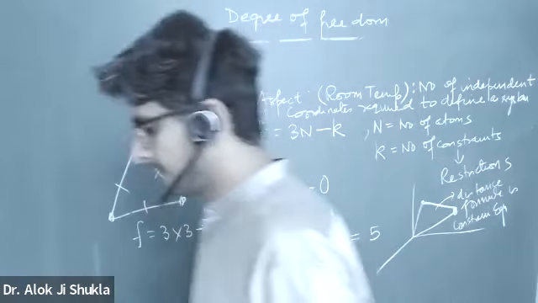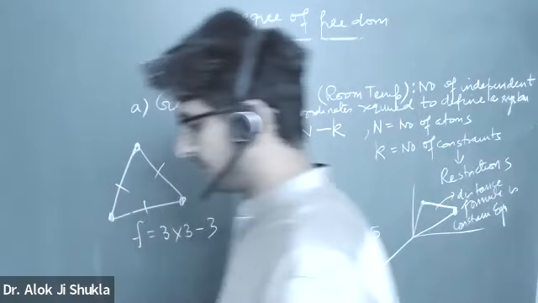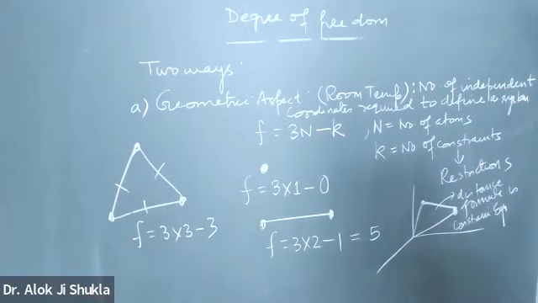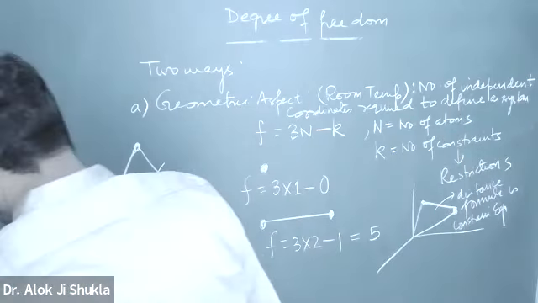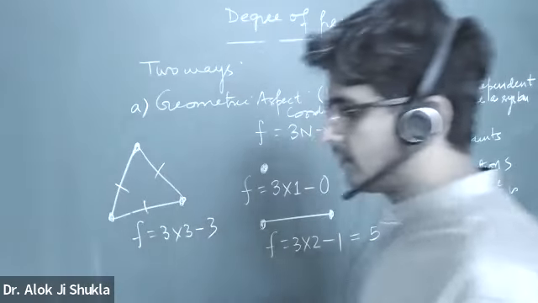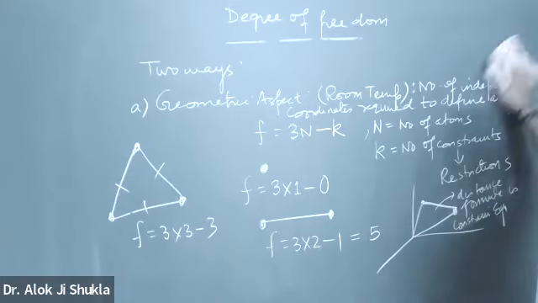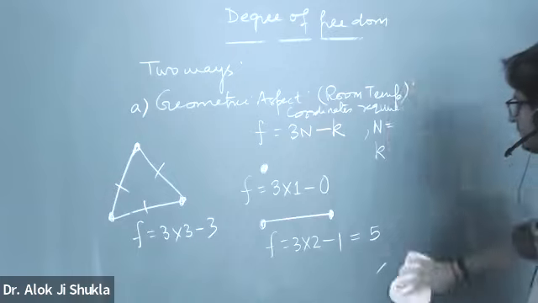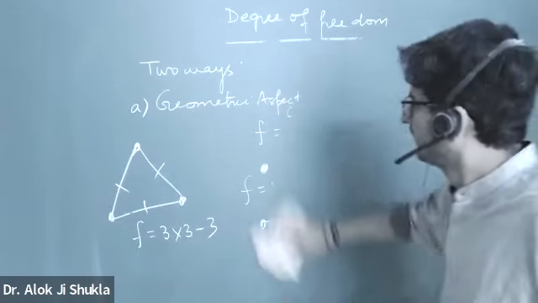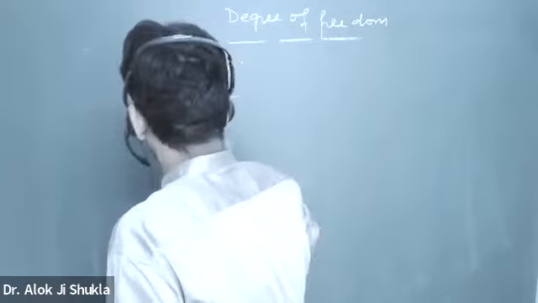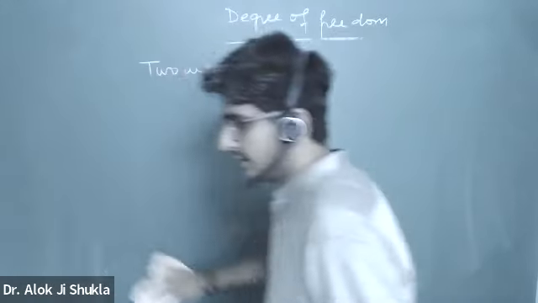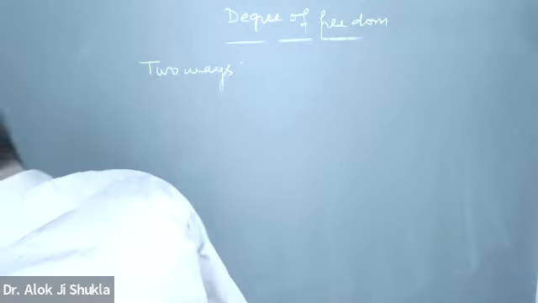So this is the first definition of degree of freedom, which is given in terms of the number of coordinates. So this is clear, absolutely clear. Now the second definition is good for even higher temperatures, when all types of energy modes are involved.